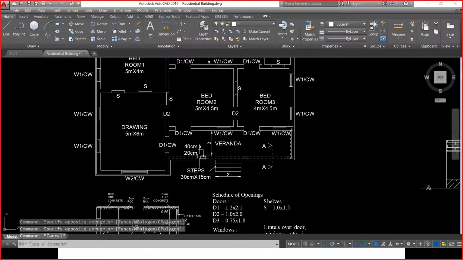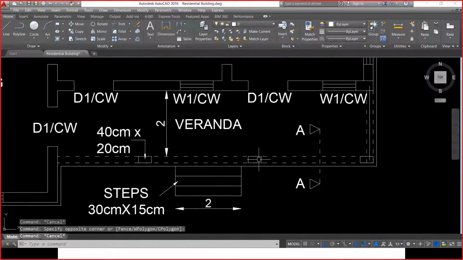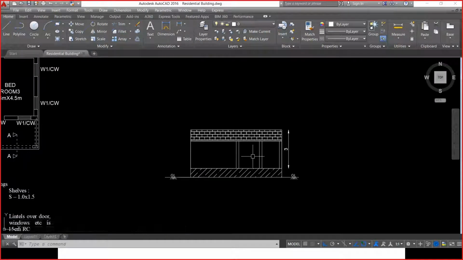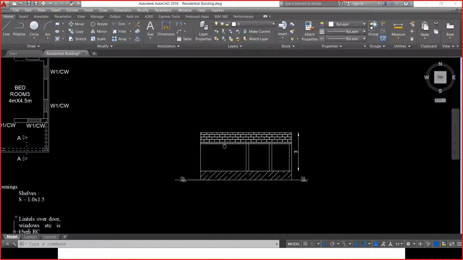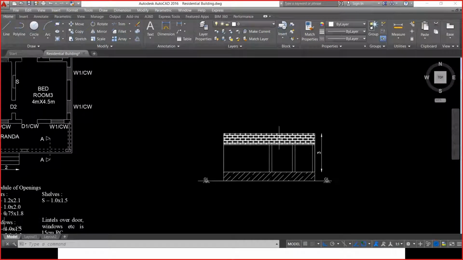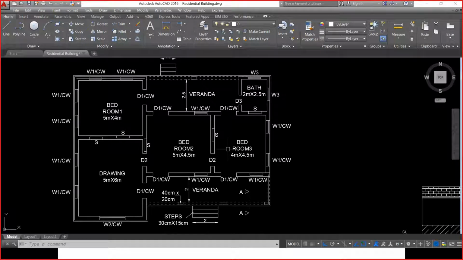There are 3 pillars of size 40 centimeter by 20 centimeter. In between the pillars we have openings, so that we can easily access the building. Above the lintel level we just have the brickwork to a height of 0.65 meters.